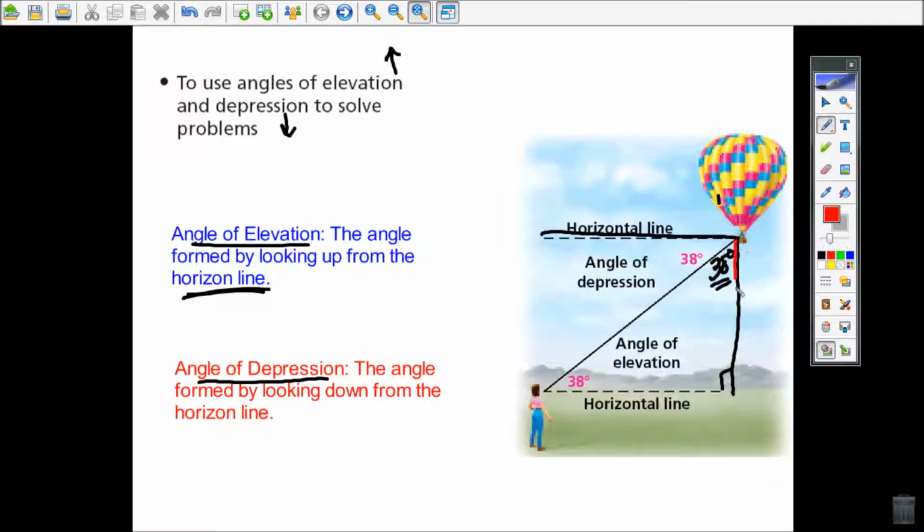So this is a vertical line, so this cannot be your angle of depression. You have a horizontal line and then going downward, that is your angle of depression. So always have to have a horizontal line, not vertical.